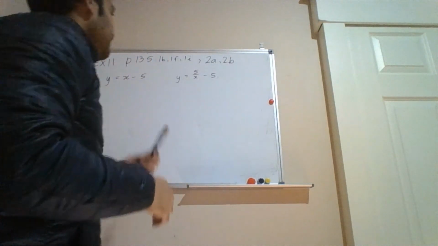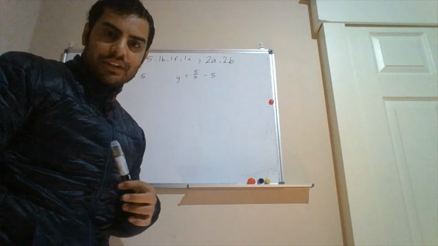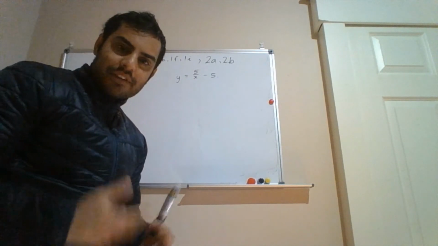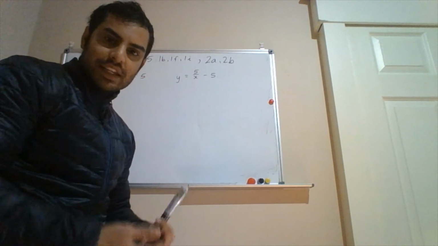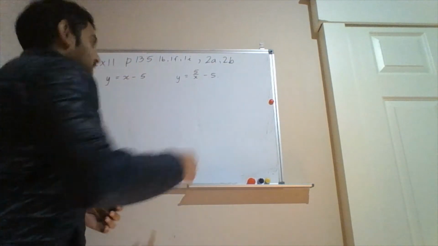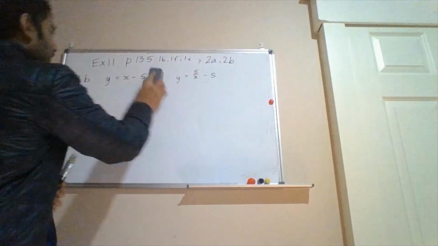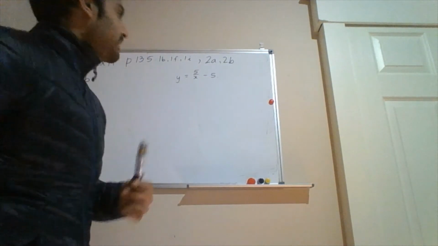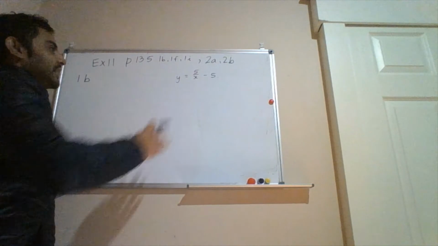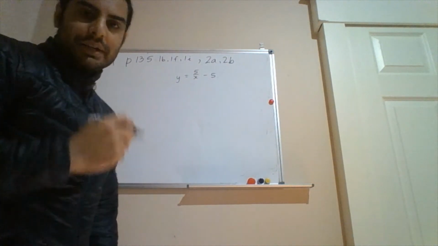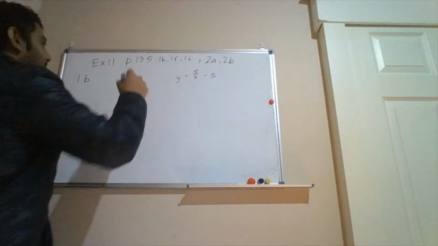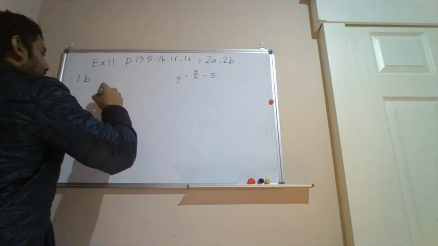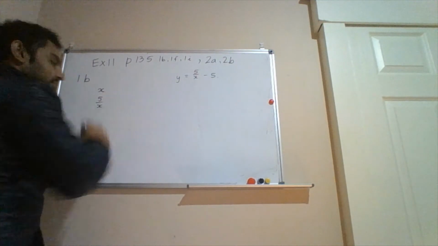I'm going to start off by drawing the hyperbola because the straight line is easy, and I'd rather do my more difficult graph first and then plot the easier one later. So I just want to make up some points to help me with this, but instead of doing the whole graph y equals 5 over x minus 5, what I'm going to do is plot points for the graph 5 over x.